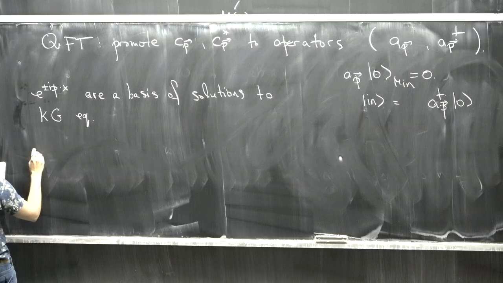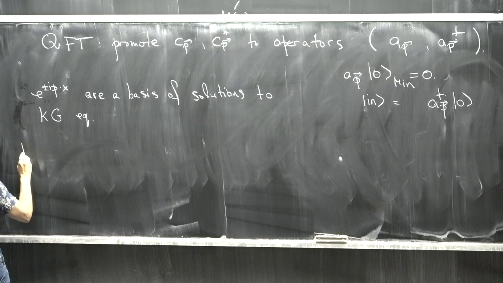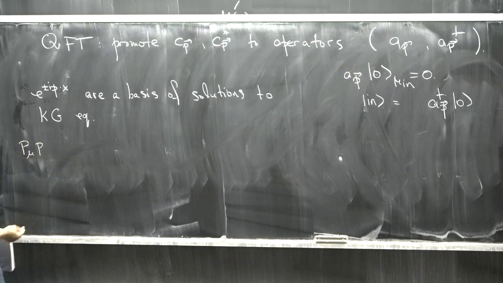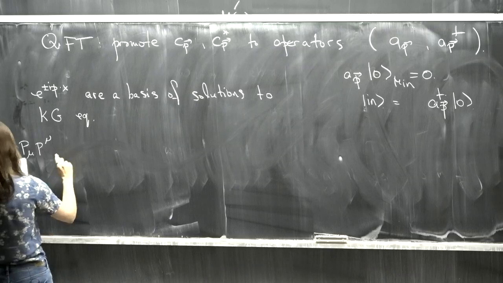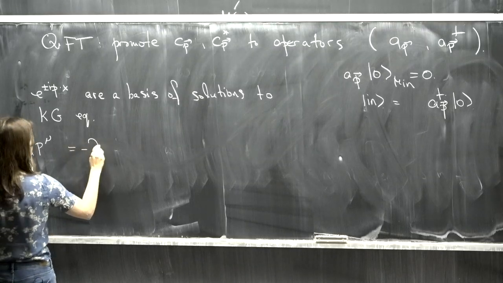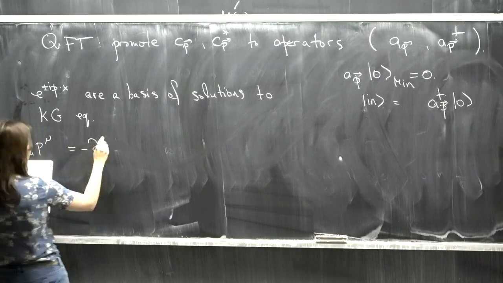So in particular, you can think about, I should say, what is the Klein-Gordon equation? It's just the Casimir for the Poincaré algebra. Sorry, for m equal to 0.